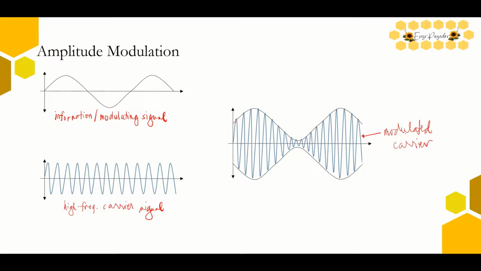So, if you can see, ito, if we trace yung peak values, peak positive and negative values ng ating modulated carrier, we can trace back yung ating information or modulating signal, which is this one. Okay? So, this imaginary line on the carrier waveform is known as the envelope. So, ang tawag dito ngayon is yung ating envelope.